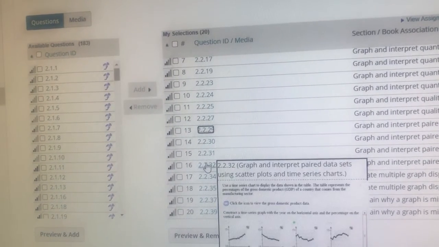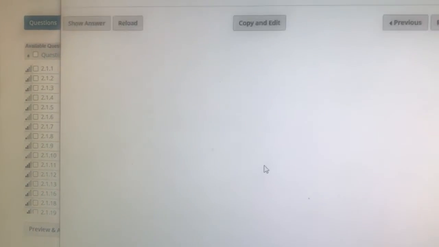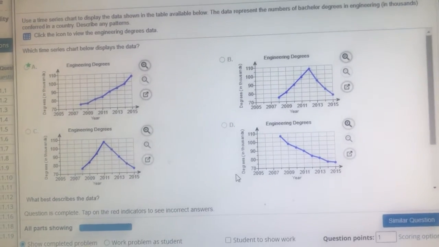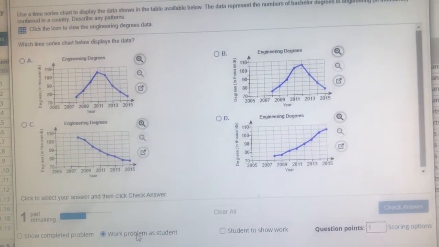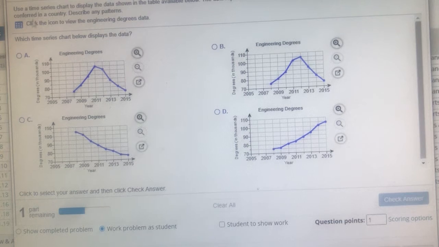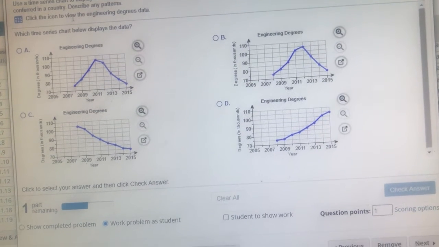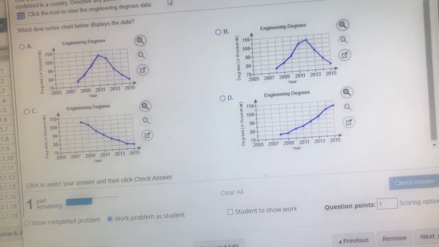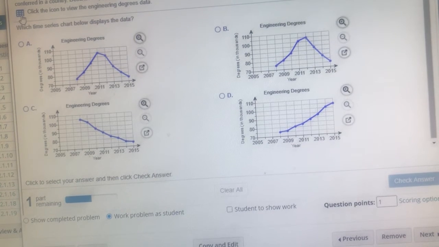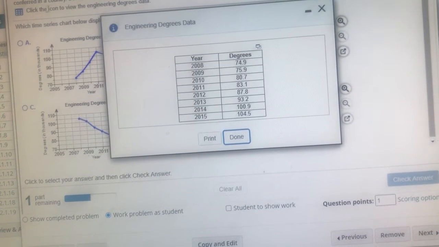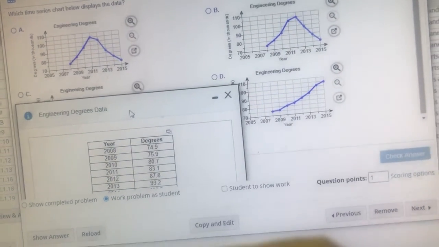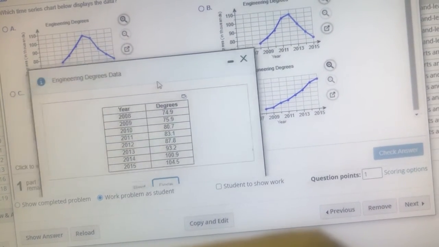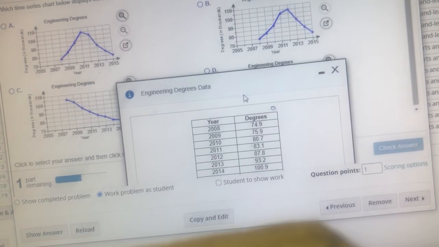We're going to skip over to 15. Let's put a new one on here. Use a time series chart to display the data shown in the table.